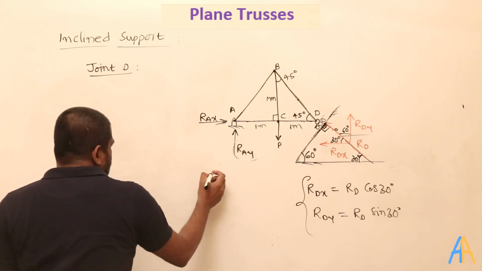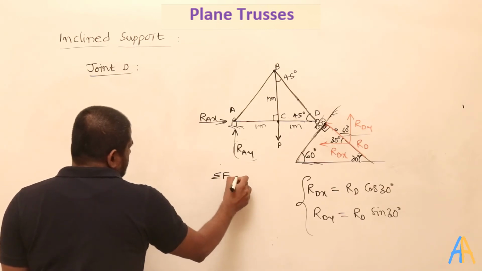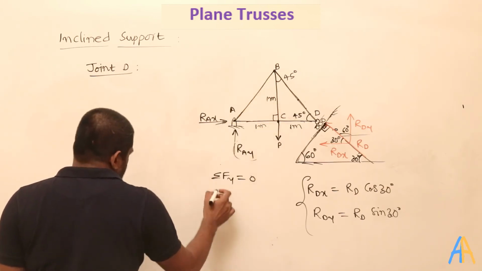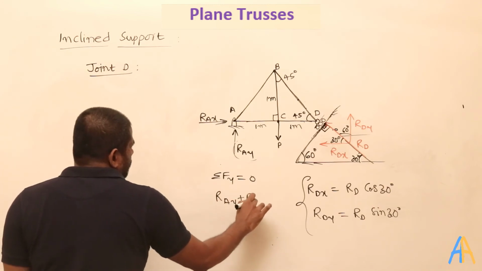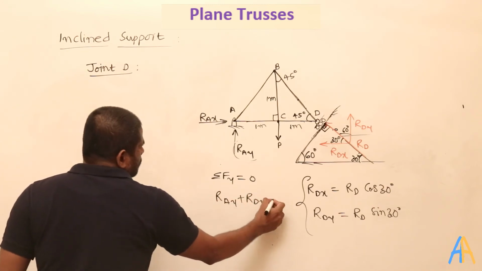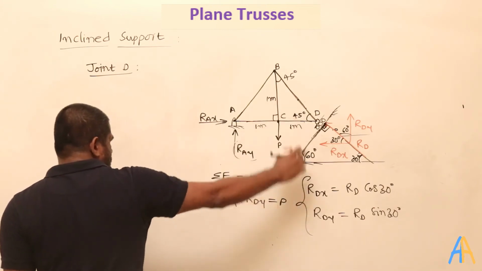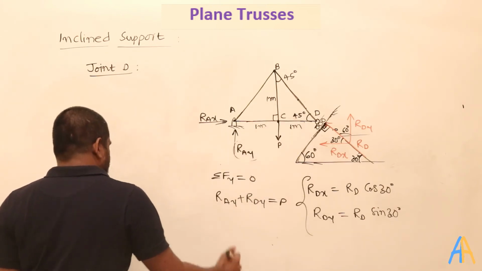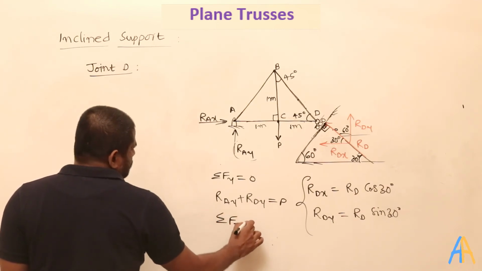So what is the first relation? The first relation is sigma Fy equal to 0 in the given system. That means here RAY plus RDY equal to P. Horizontal forces: we will consider all the horizontal forces, and then sigma Fx equal to 0.